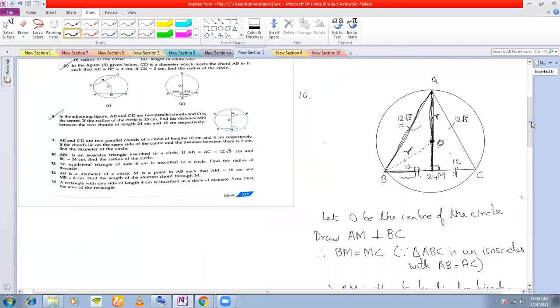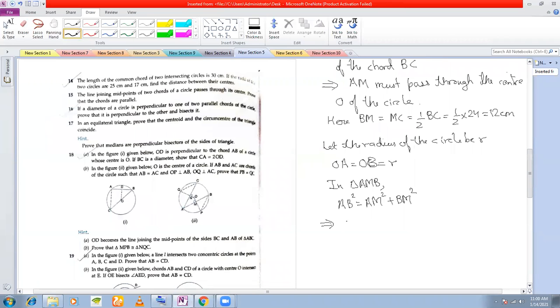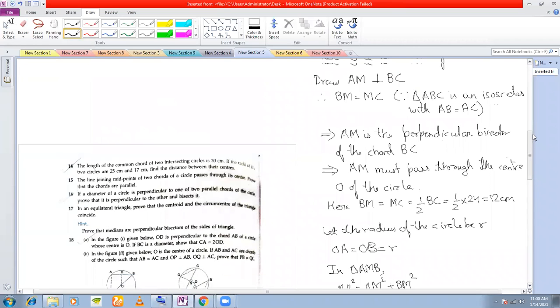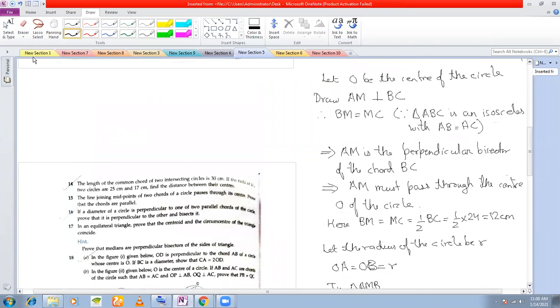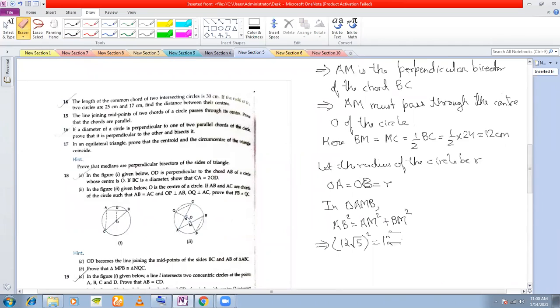The length of BM is 12. So this is 12 root 5 square. The length of AM we have to find out, so we write AM as it is. The length of BM is in fact 12. So this is 12 square.